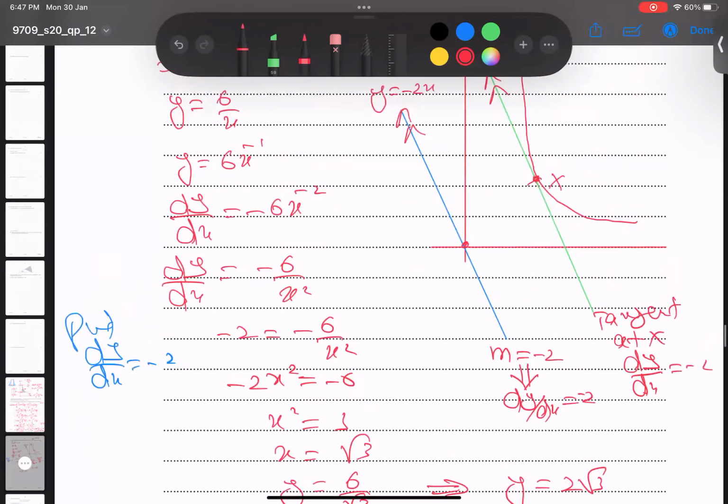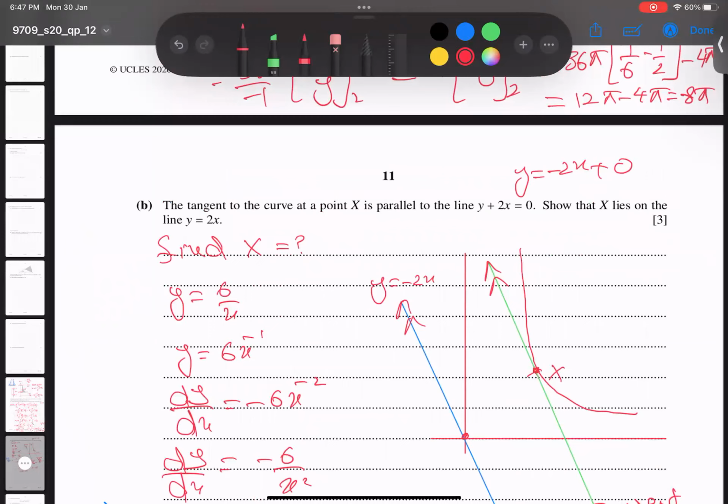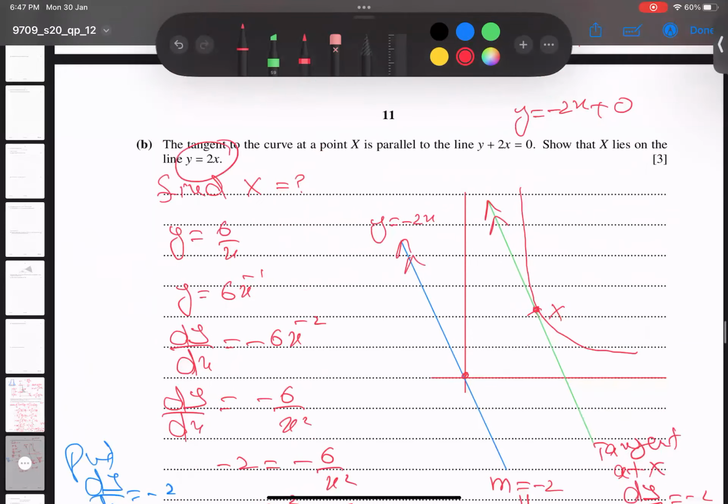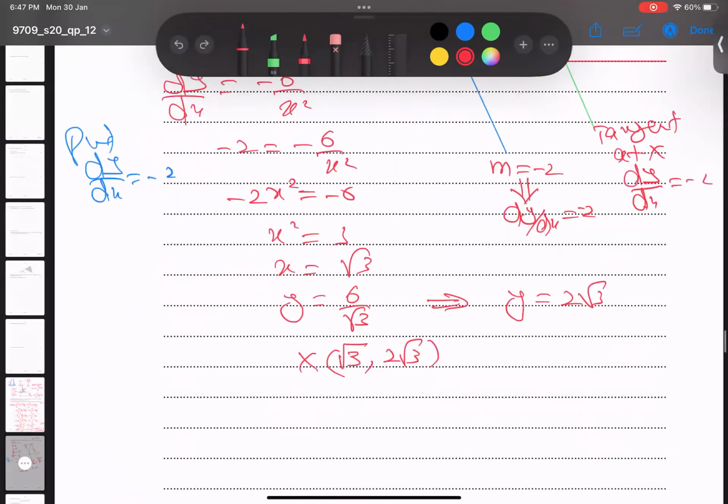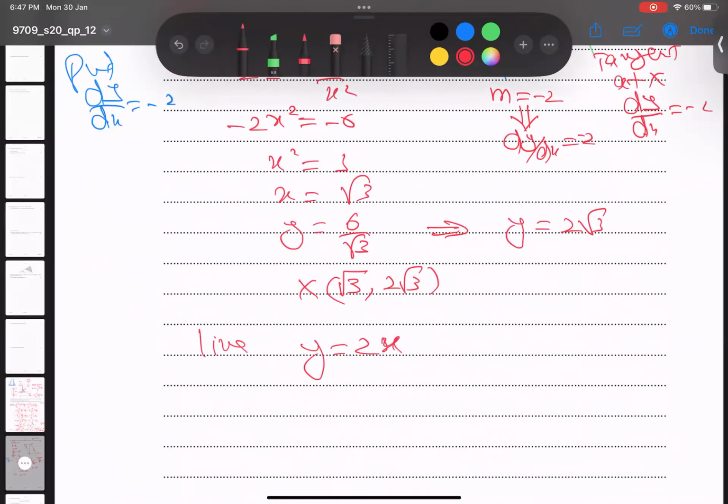Come back. Now read the statement: show that X lies on the line y equal to 2x. Let's see whether it lies on it or not. The other line is y equal to 2x. If I plug in, the left and right sides should match. So please replace the values.